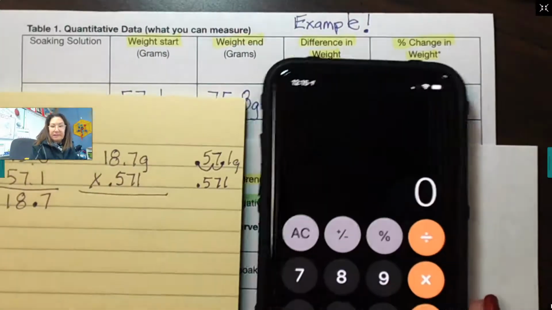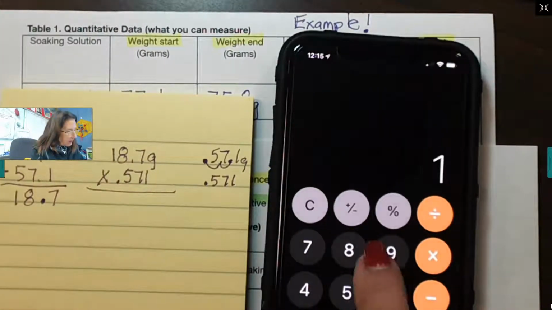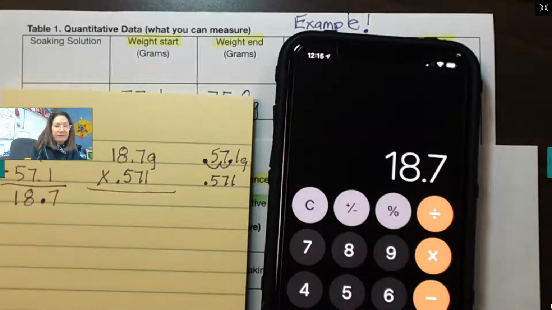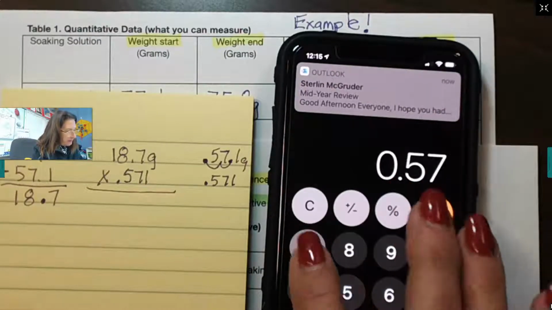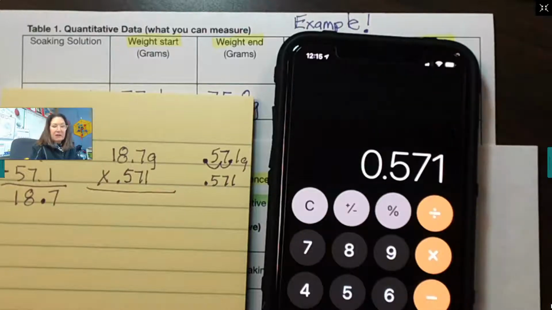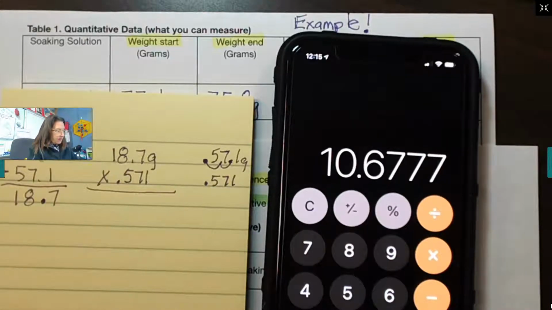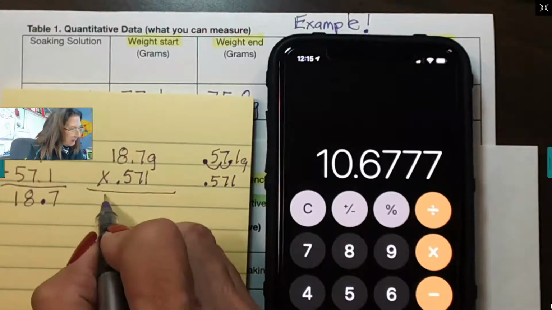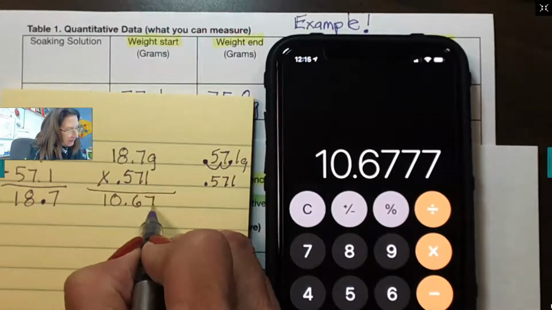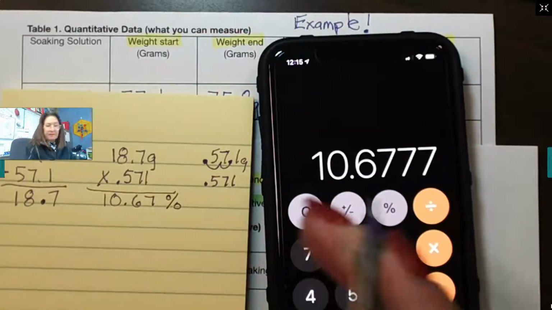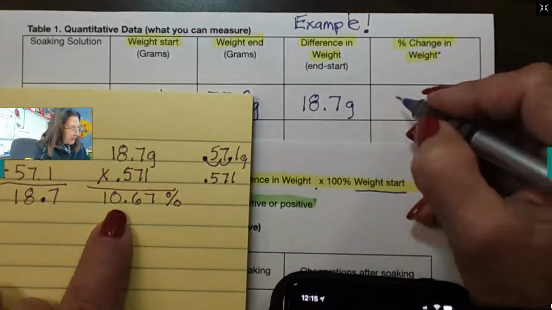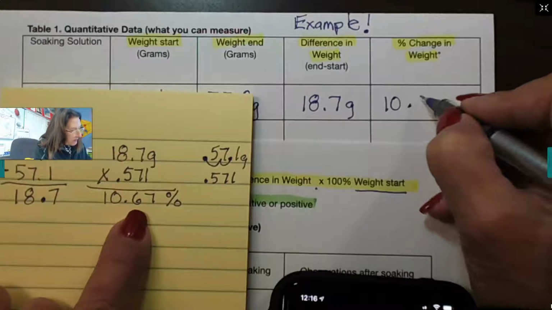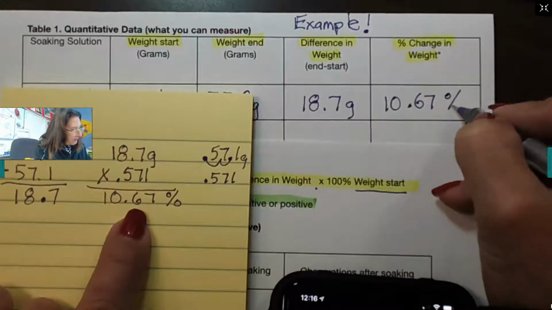So I have 18.7 times 0.571, and it equals 10.67%. Okay, so up here I'm going to write 10.67%.